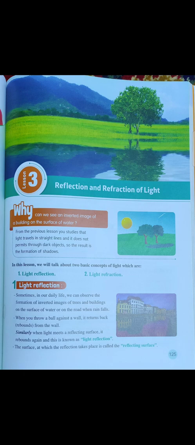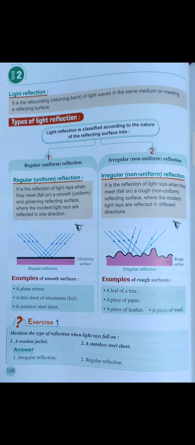So we have two types of reflection. The first one is regular reflection and irregular reflection. Okay, if the light rays fall on a smooth or uniform reflecting surface, the light ray will be reflected in only one direction.